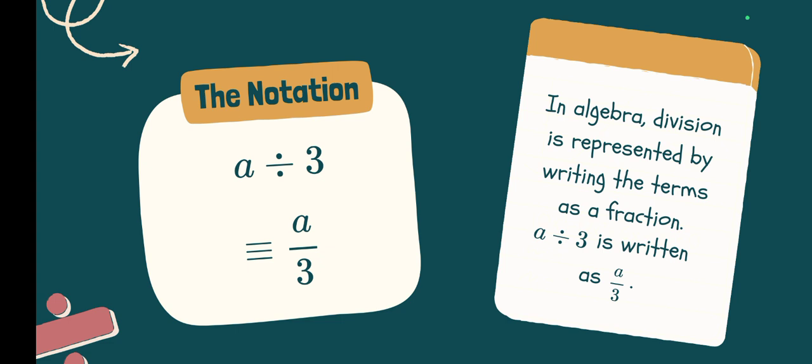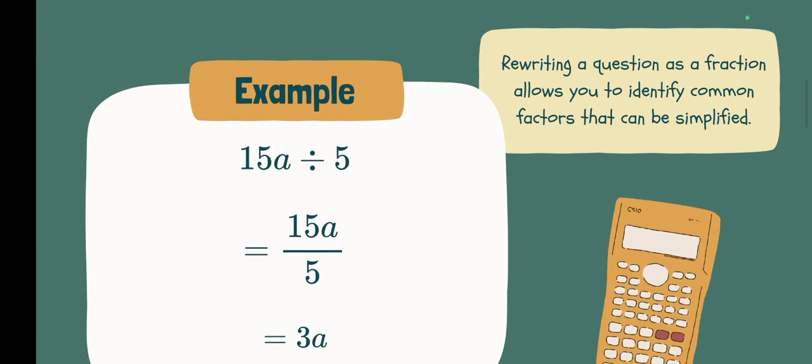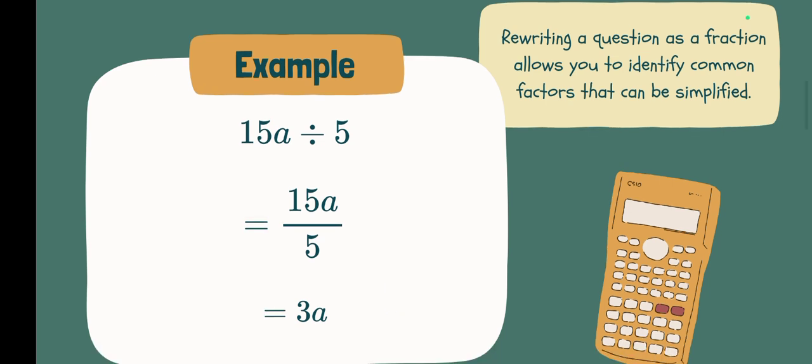For example, 15a divided by 5 can be written as 15a by 5, that is in fraction form. Now we know that 15 gets cancelled out with 5, that is 5 3s are 15. So our simplified form of 15a divided by 5 is 3a.